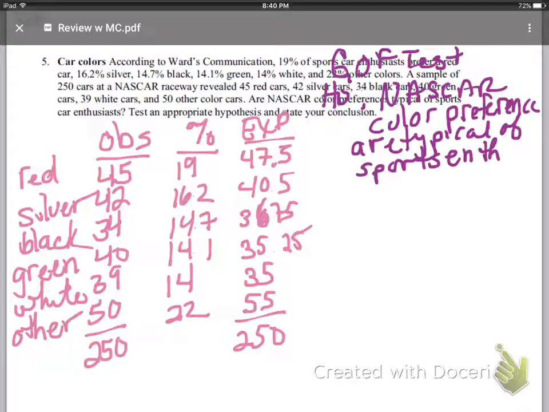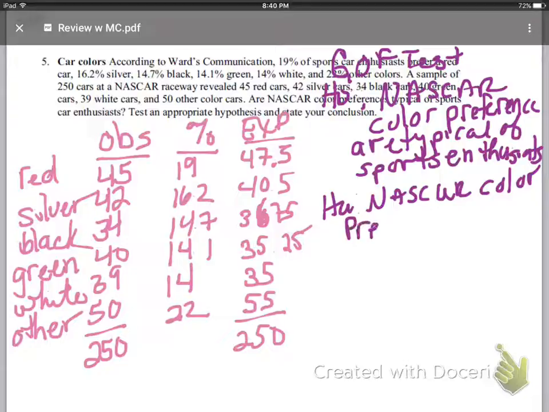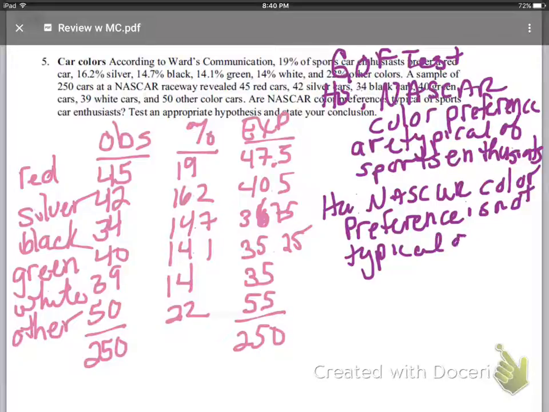Gee, Winkies, who would ever have thought I would spell this word in math class? And then my HA would be NASCAR color preferences are not typical of sports enthusiasts. Okay?